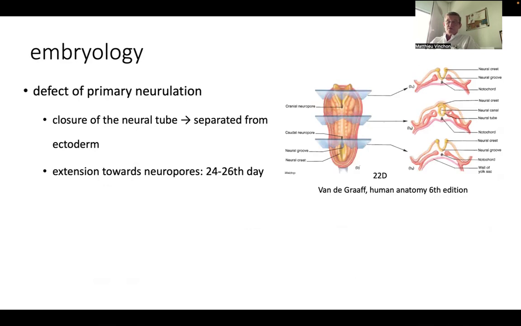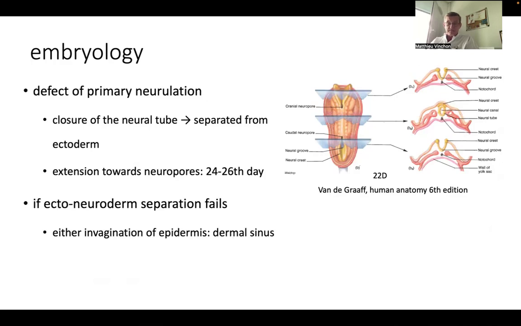The closure of the neural tube occurs during the fourth week after conception, and the neural tube becomes separated from the ectoderm with the extension of the closure on both sides. It terminates at the anterior neuropore around the 24th day, and the caudal neuropore at around the 26th day.